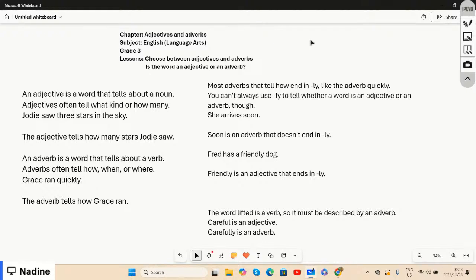And an adjective is a word that tells us about that noun, meaning it tells us about that person, that place, that thing, that animal, for example.